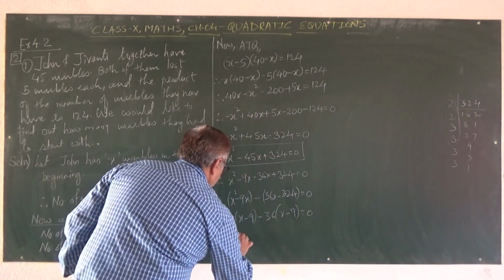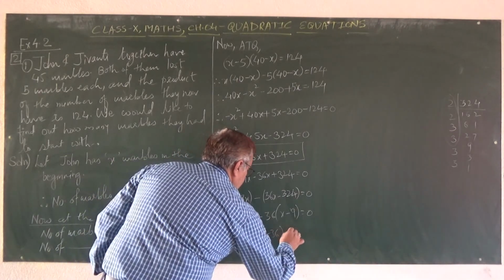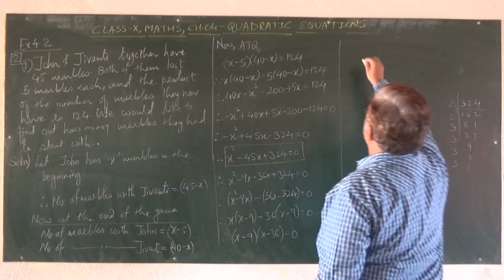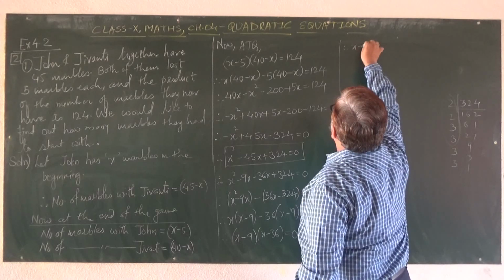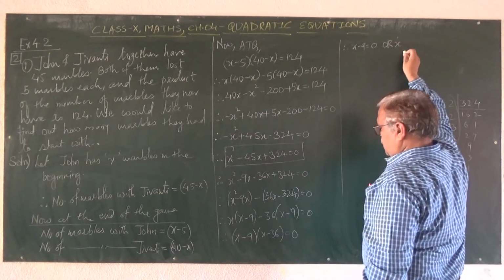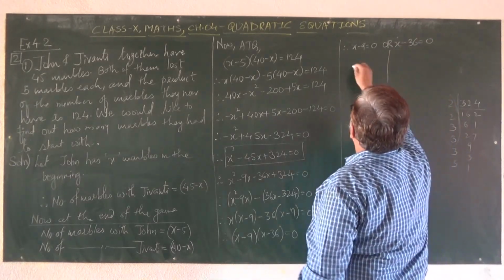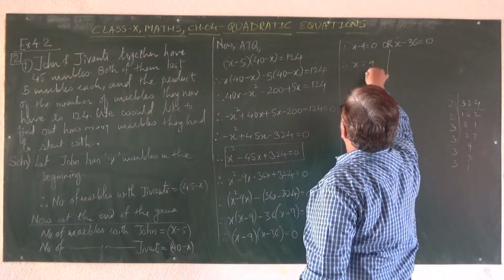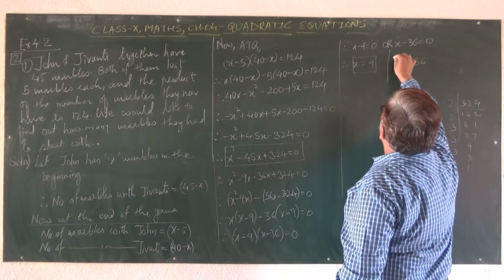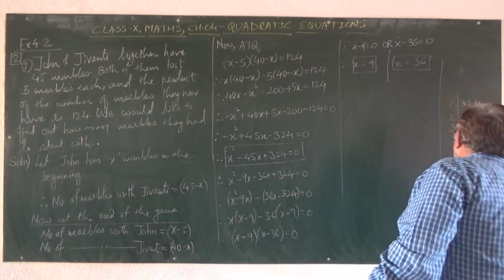So therefore, x minus 9 into x minus 36 is equal to 0. Therefore, x minus 9 is equal to 0 or x minus 36 is equal to 0. So therefore, x is equal to 9 or x is equal to 36. Okay, this is our rough.